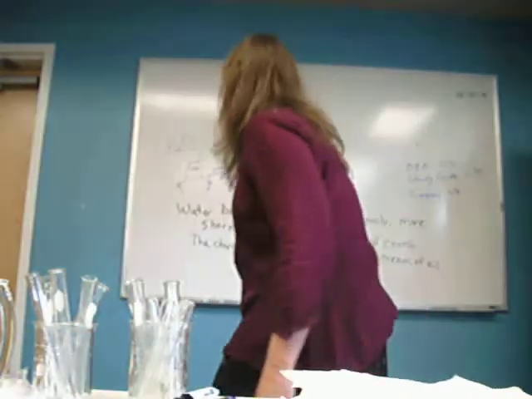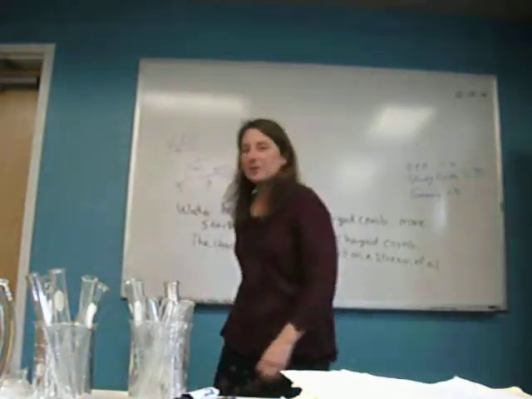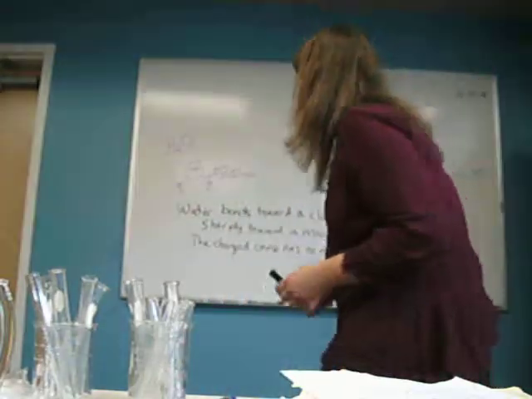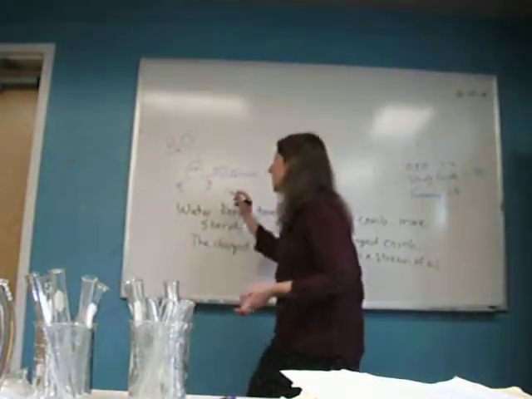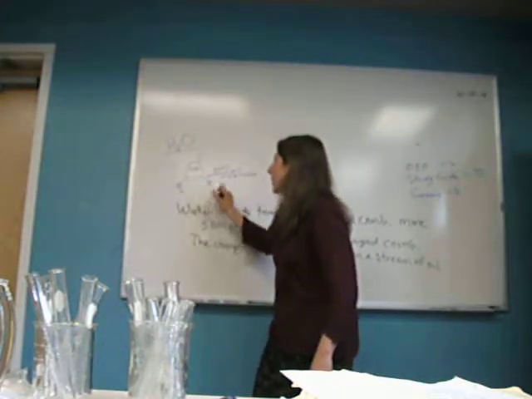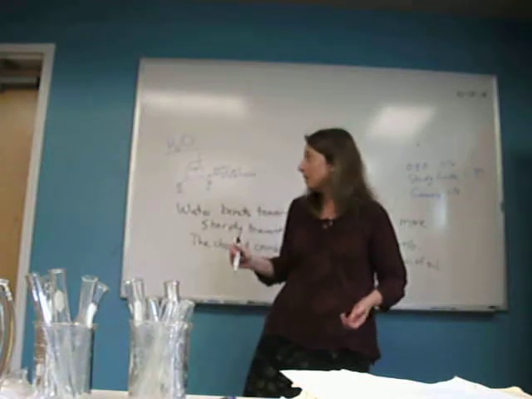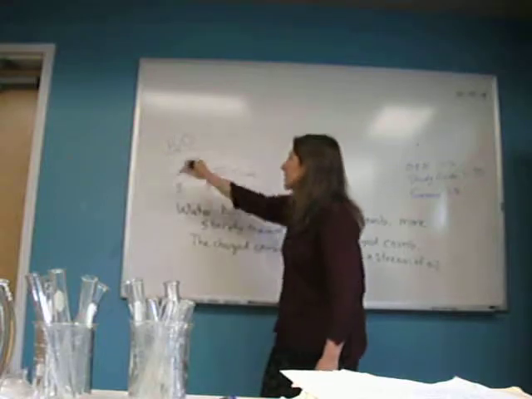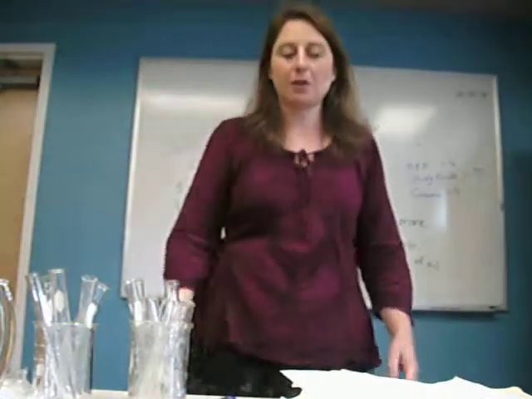Okay, so it doesn't matter if the comb is negatively charged or positively charged, the stream of water will still bend toward the comb. It bent toward the comb when the comb was negative because its positive end was attracted to the comb. If the comb were positive, its negative end would be attracted to the comb.